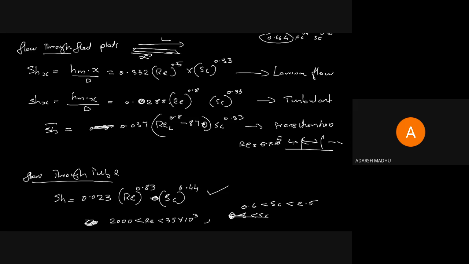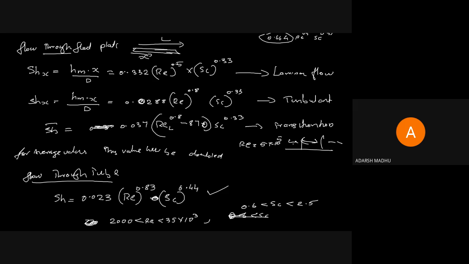The main difference between the two values is this: if the question is asking for an average value, if the word average appears anywhere in the question, then for the average value these values will be doubled, the whole value. Initially 0.332 will become 0.664.